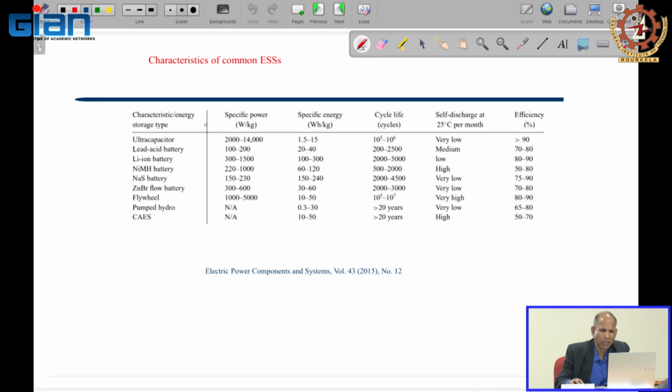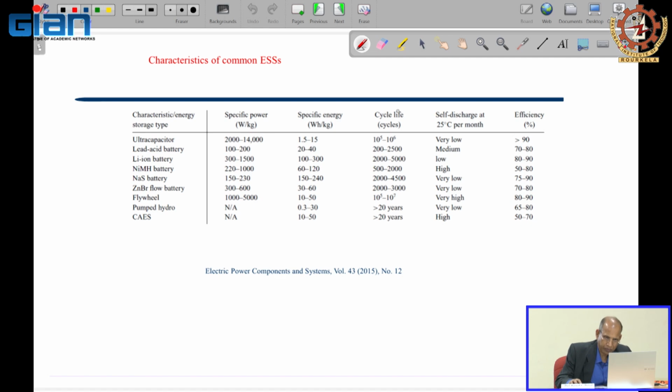How much is the specific power, in terms of power, watt or kilowatt per kg. And then specific energy, what you call power density, energy density, or specific power, specific energy, in terms of energy per unit of weight.